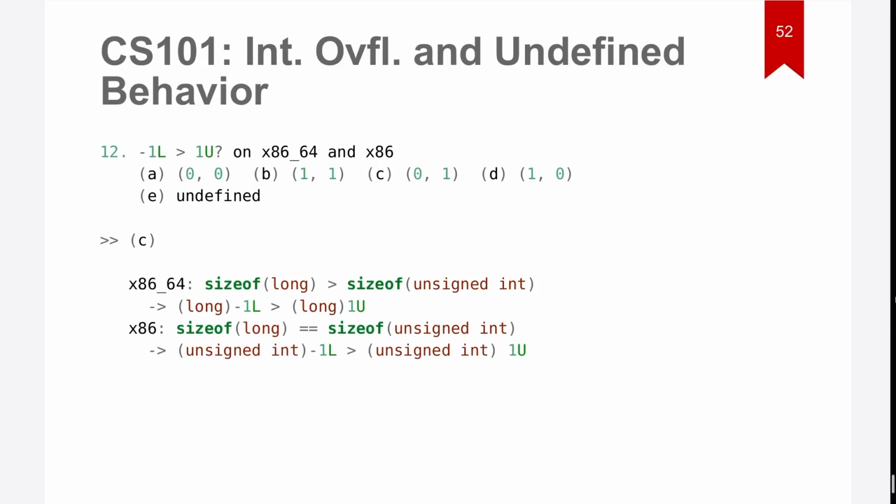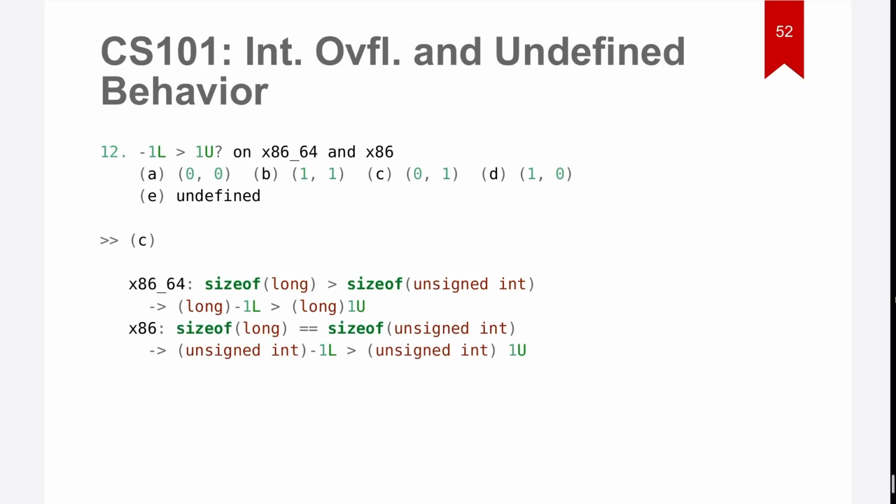So that means the size of long is larger than the size of the unsigned int. So that fits into long. So both of them get promoted to long, and we can do the comparison, and we get the expected false. So that matches here. So the first one, this is 0.